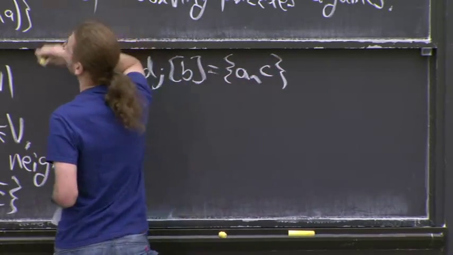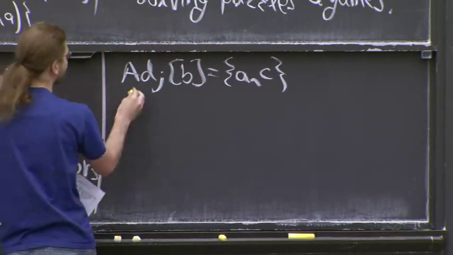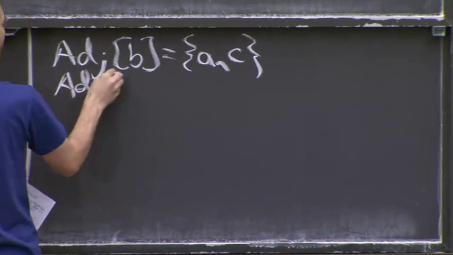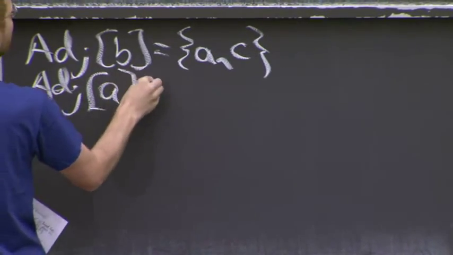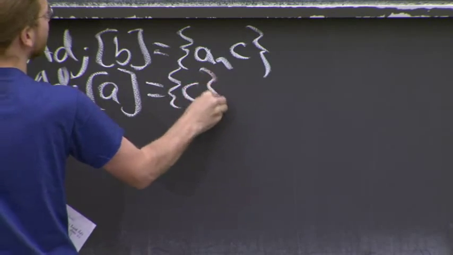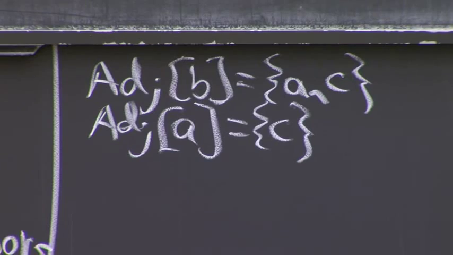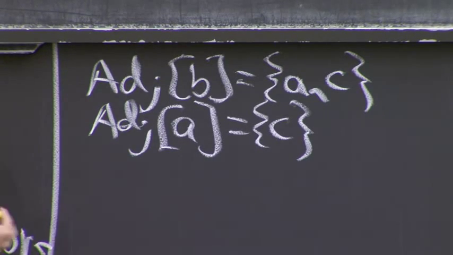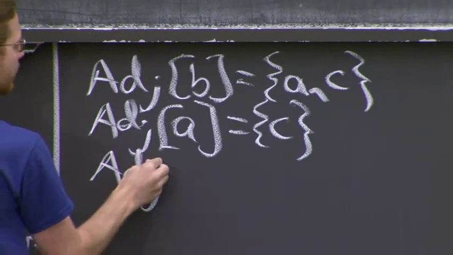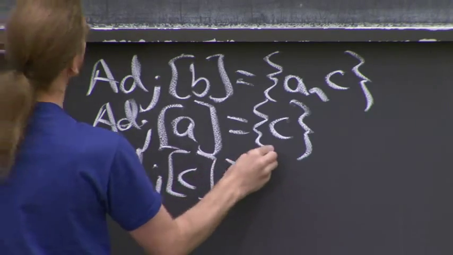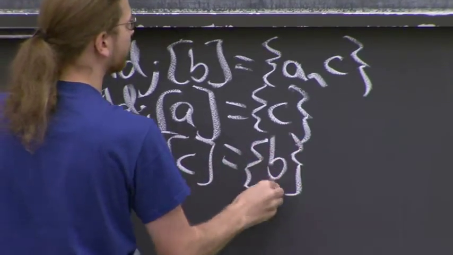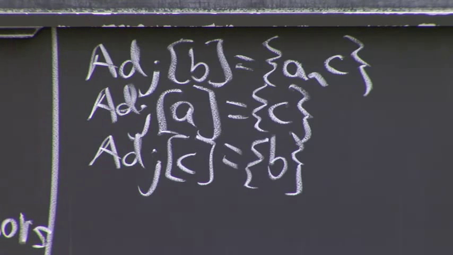In that graph, I should have labeled the vertices something different. ADJ of A is going to be just C, because you can't get with one step from A to B. The edge is in the wrong direction. And ADJ of C is B. OK, I think that definition is pretty clear.